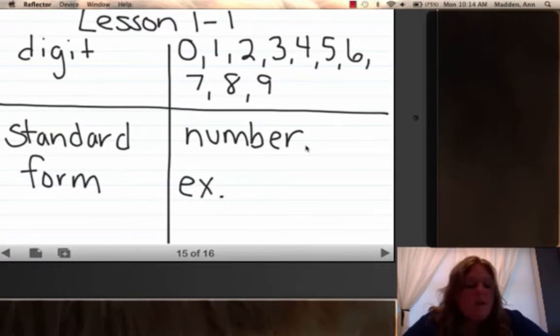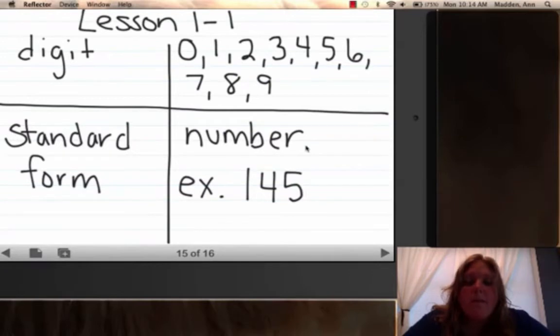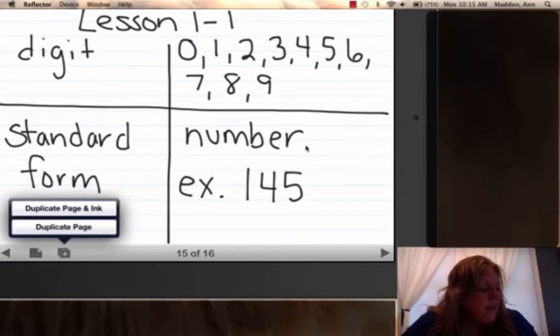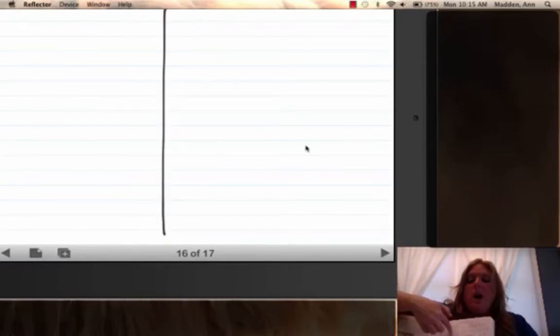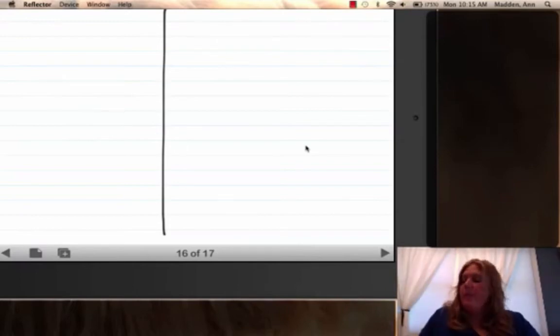So my example could be number 145. That is my standard form number. Now I'm going to go on to my next page. I don't need you to. You just continue on your first page. I was able to get all my notes here onto one page.